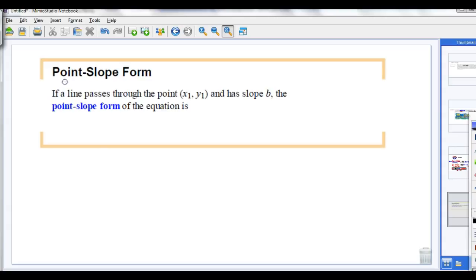Point slope form says if a line passes through the point x1, y1, which is just any point on the line, and it has a slope of b, then point slope form of the equation is y equals y1 plus b times x minus x1.